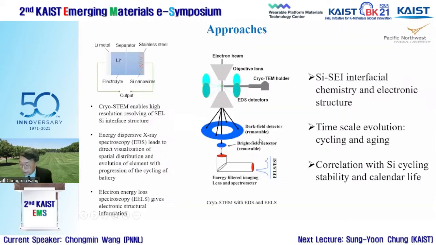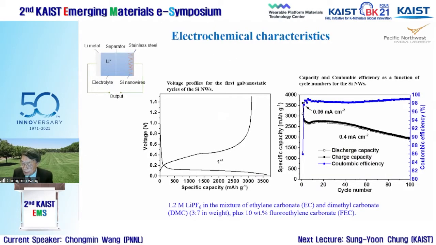We tried to solve this problem by growing silicon nanowire on a nickel plate, making a cell configuration, and using cryogenic microscopy and tomography imaging, really from the beginning, cycling gradually through different cycles to monitor the structure and chemistry of the silicon. That's what I'll show you that we have done.